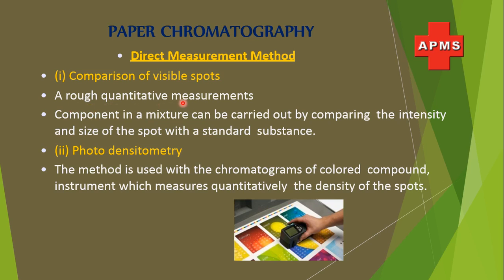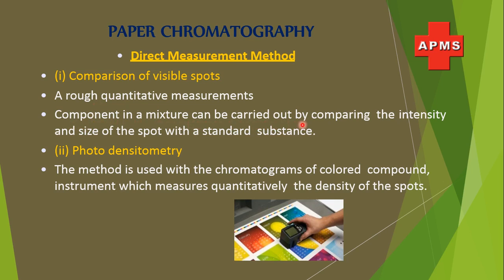So it is a rough quantitative measurement. Suppose we are getting 2, 3, 4 spots, then we see the darkness or spreading nature of these spots on this filter paper. So it is a rough quantitative measurement, not exactly accurate, but a rough measurement.